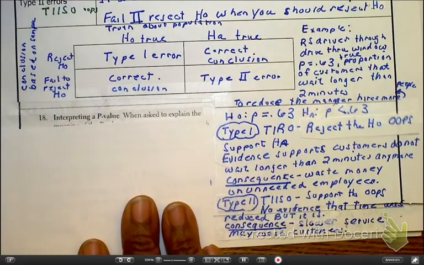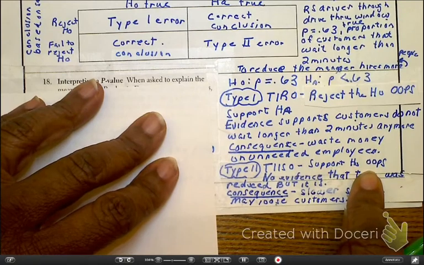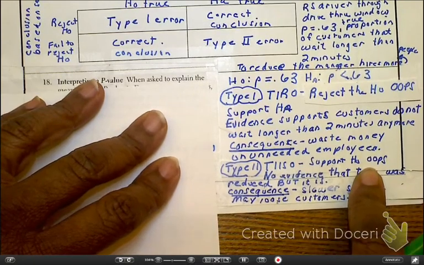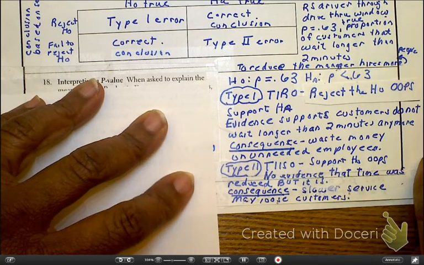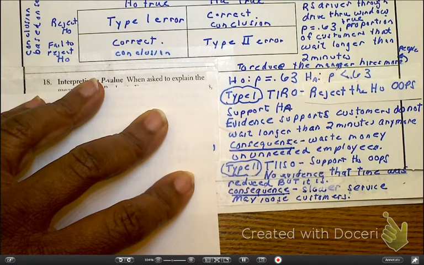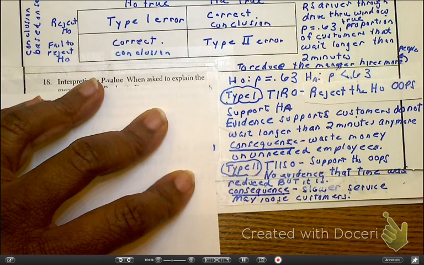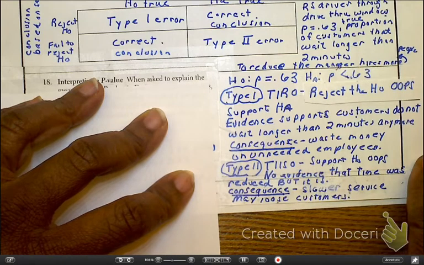Remember, it's TIZO. That we support the H0. We support that there has been no reduction. There's no evidence that the time was reduced, but it is. So we hired these people. We reduced the time, so he thought.